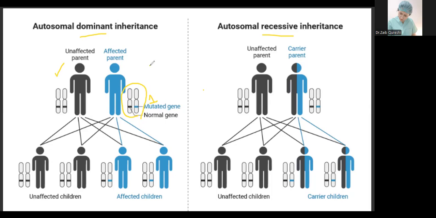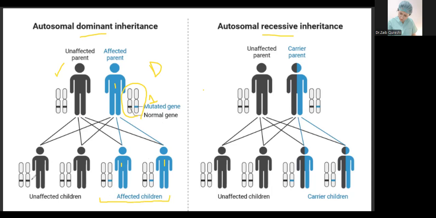In the dominant diseases, we decided that one mutated gene is enough to show the disease. Are you following this? One mutated gene is enough to show the disease. So this blue color is all about the disease. Every time this parent transfers this mutated gene to the children, the baby gets the disease.